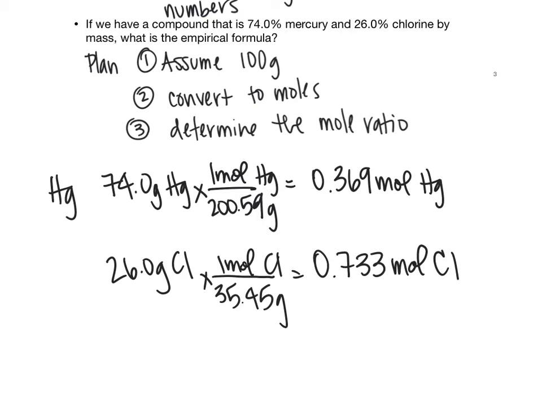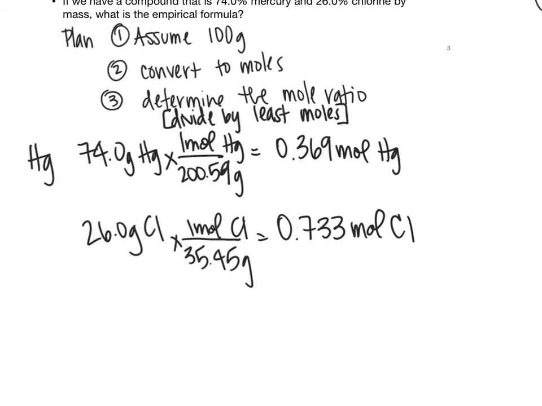The third step is to determine the mole ratio, or you could say divide by least moles. We know that an empirical formula or any formula has to have whole numbers.